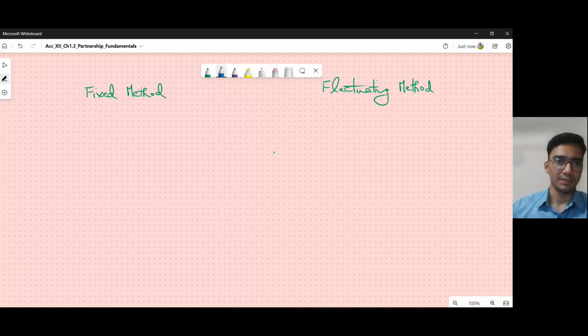So before we go into this detail of what these are, let's try and break this up into further divisions. In the fixed method, we have to prepare two kinds of accounts. The first is going to be called the partner's capital account. And the second is going to be called the partner's current account.